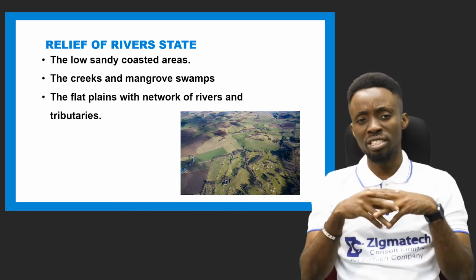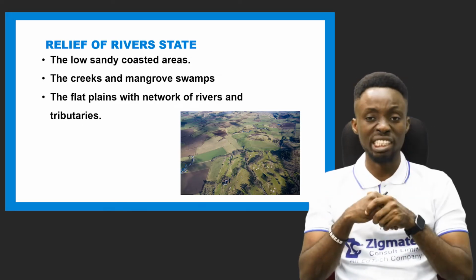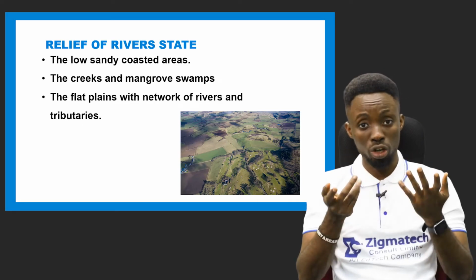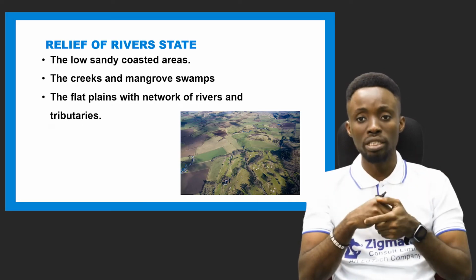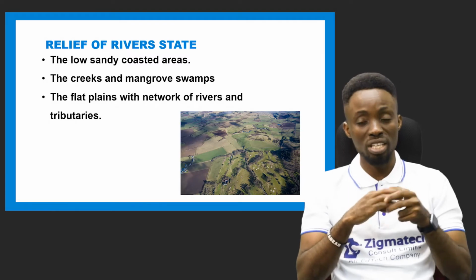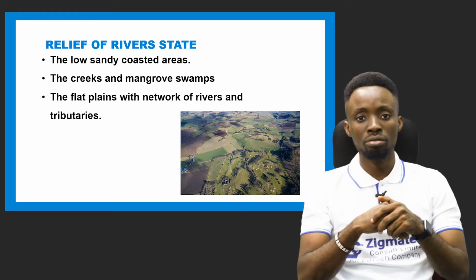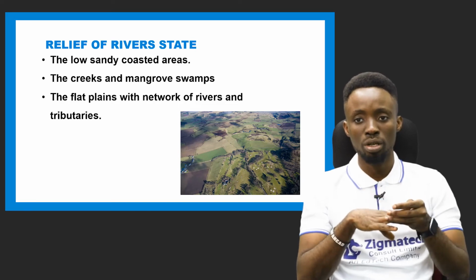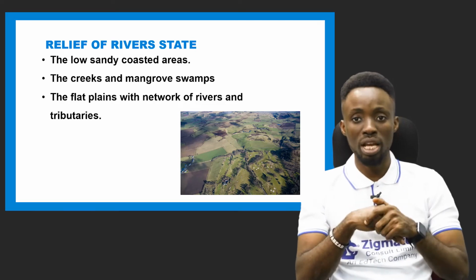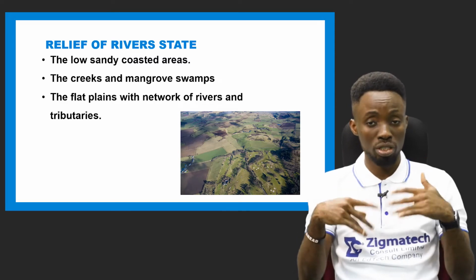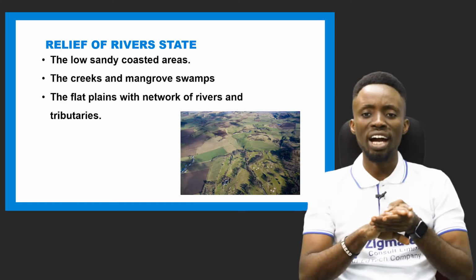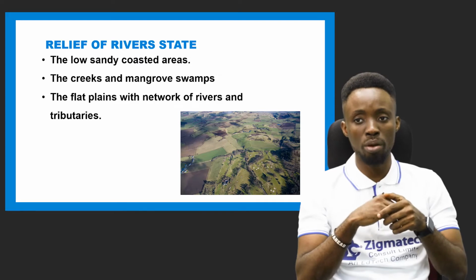So the relief of Rivers State is actually made up of three categories, which all of them are lowlands. The first is the low sandy coastal areas in Rivers State, places that are close to the coastal region. Then we have the creeks and the mangrove swamp.